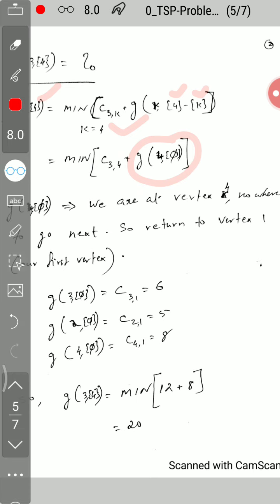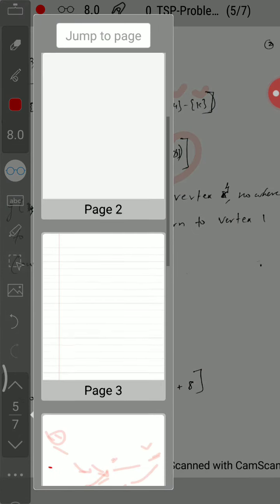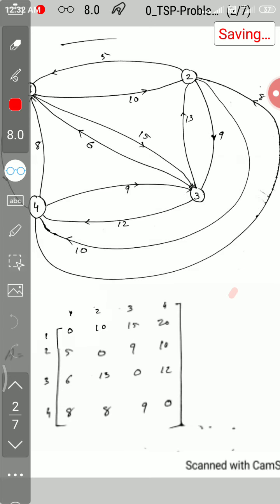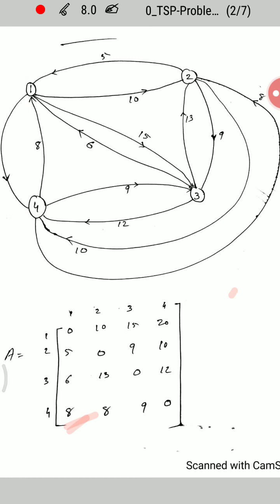Let us check the graph. 4 to 1, it is 8. So g(4, null set) is equal to 8.